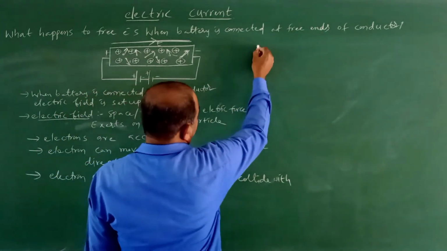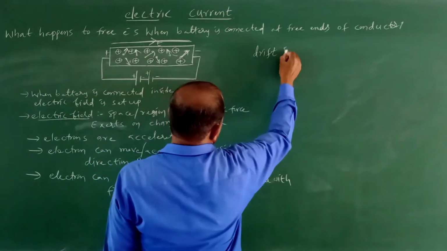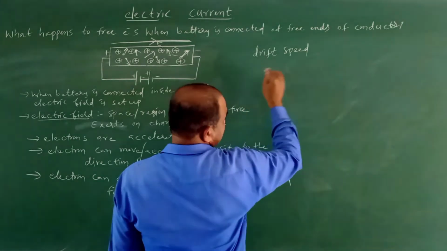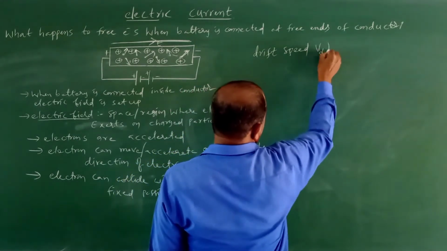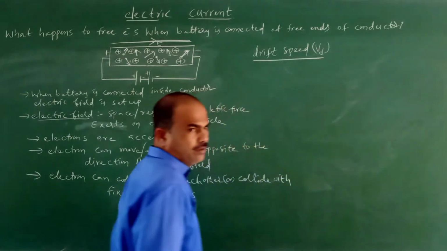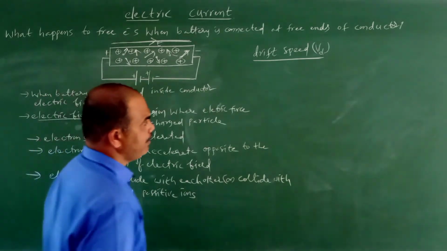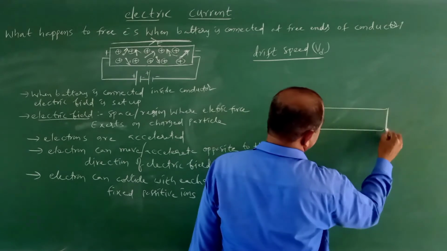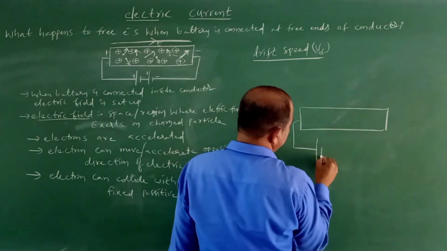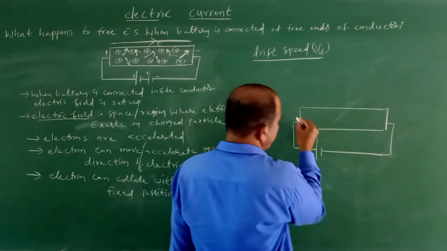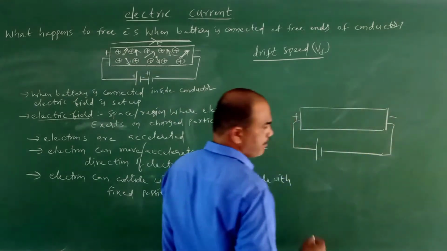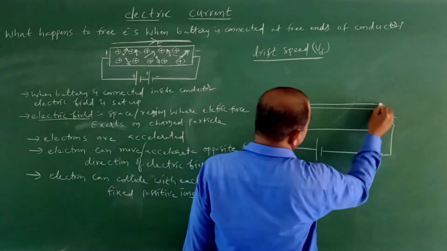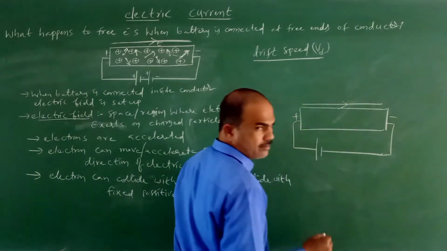Next I am going to explain what the drift speed is. The drift speed is represented with the letter v subscript d. For example, let us consider a conductor. When it is connected to a battery, this end becomes positive and this end becomes negative, so the electric field is set up from the positive to the negative side.